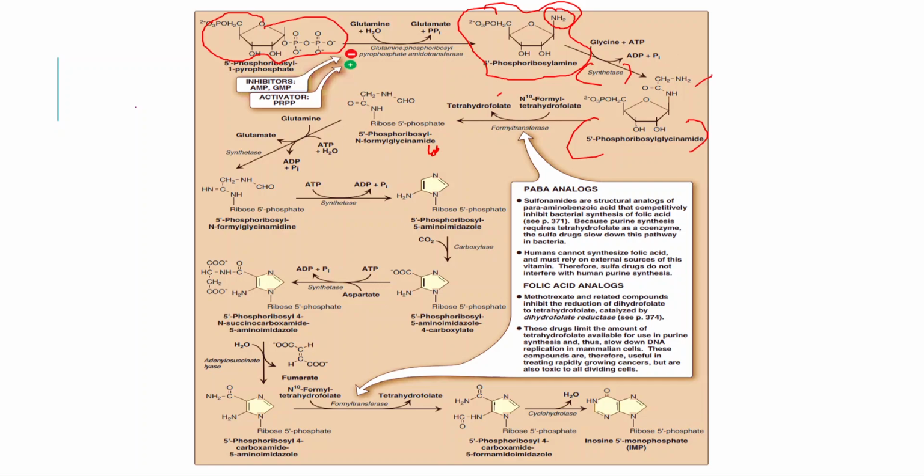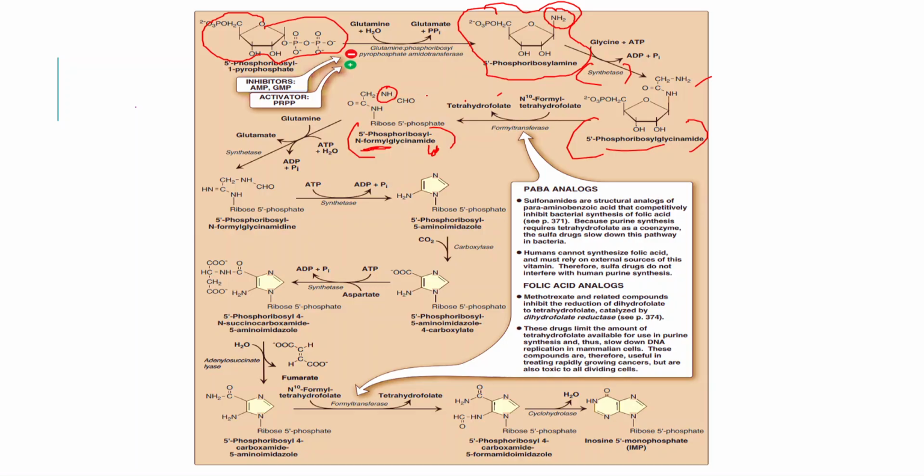Okay, that forms the glycinamide, and in the presence of tetrahydrofolate, which is a one carbon atom donor and also a coenzyme, this tetrahydrofolate donates a carbon atom to this phosphoribosyl glycinamide and converts this entire structure into 5-phosphoribosyl N-formyl glycinamide. Okay, that means a formyl group, the simple aldehyde group, is getting added over the nitrogen atom of the glycine source.